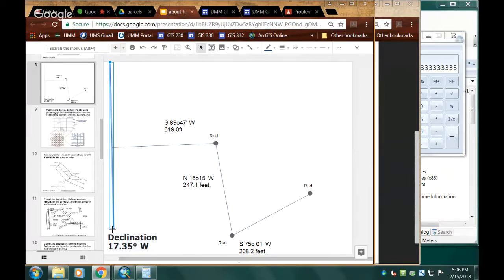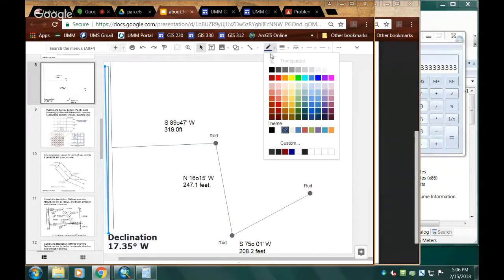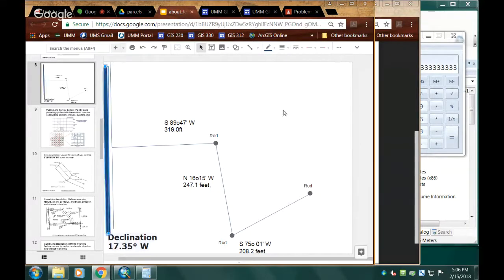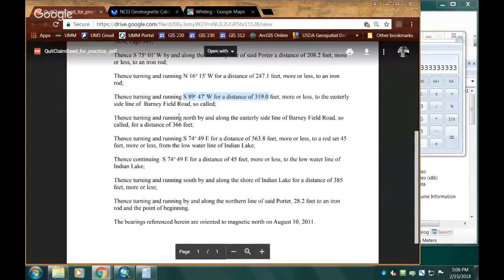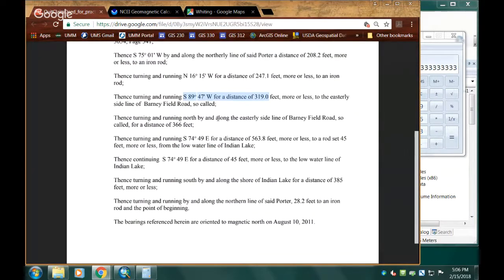And it's probably a good idea to put the road in as a symbol. There we go. So there's Barney Road, and it's 366 feet. And did it say north? Yes.